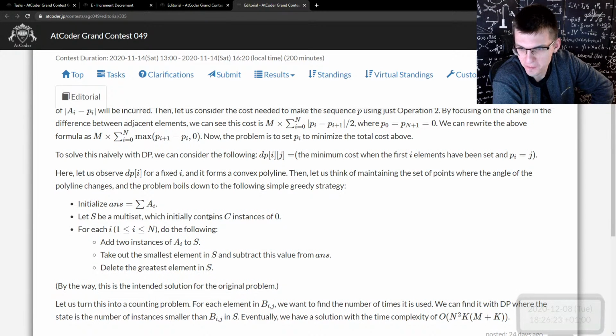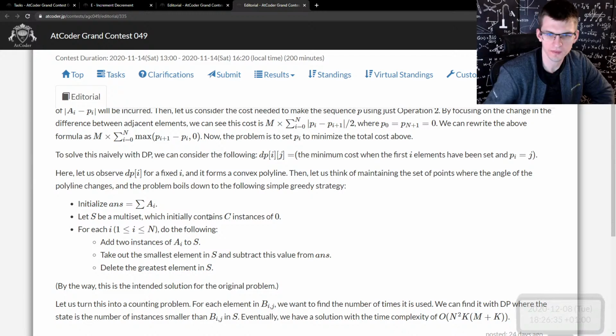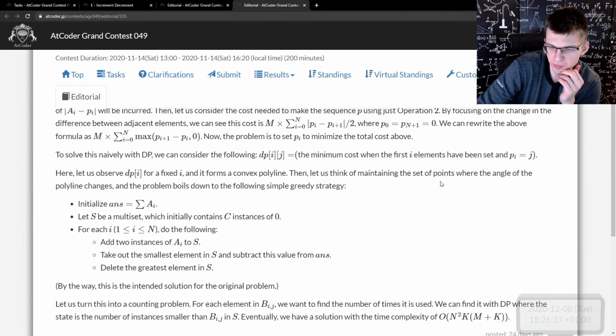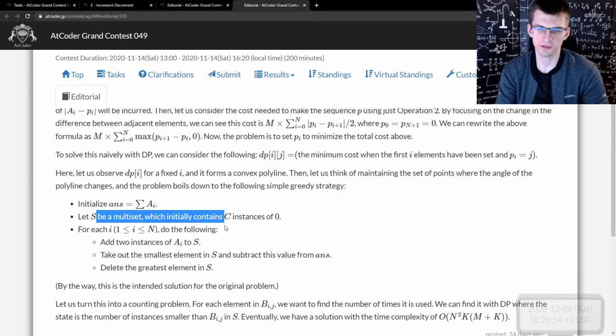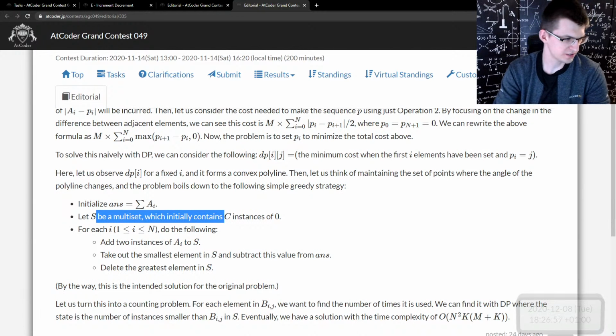What? I guess that S contains those points where the slopes are modified. C instances of 0, that just simulates a slope of size C.